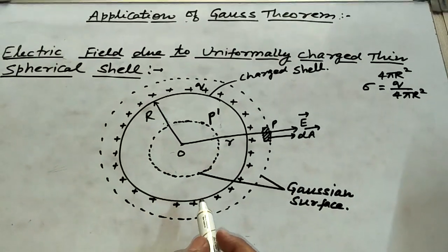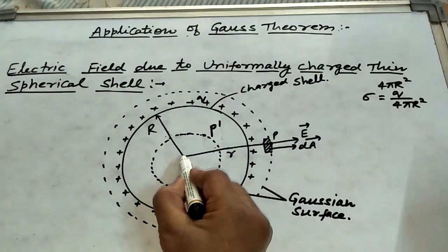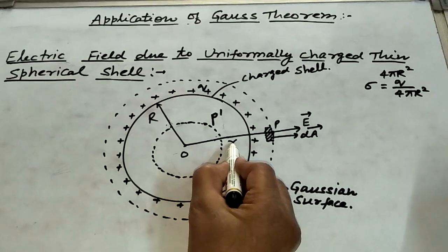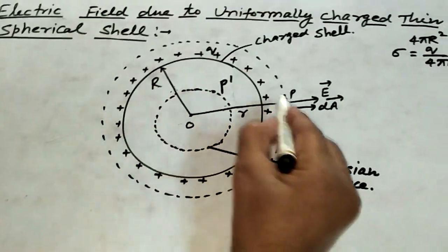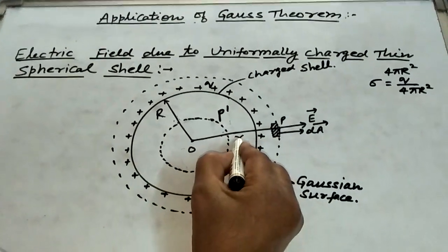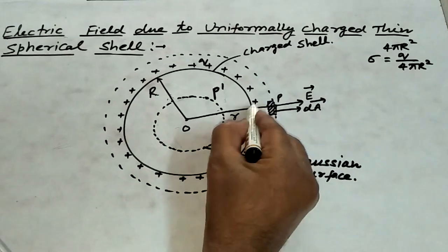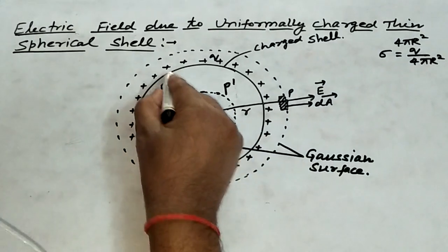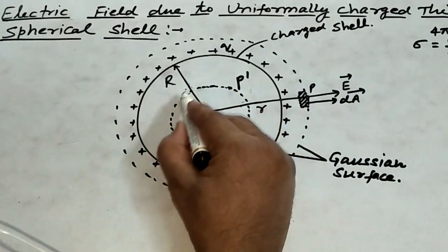For this purpose, let us consider a point P at distance small r from O. When small r is greater than capital R, the point P lies outside the cell. When small r is equal to capital R, the point P lies on the surface of the cell. And when small r is less than capital R, the point P lies inside the cell.